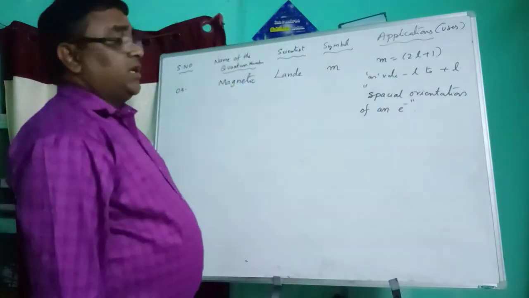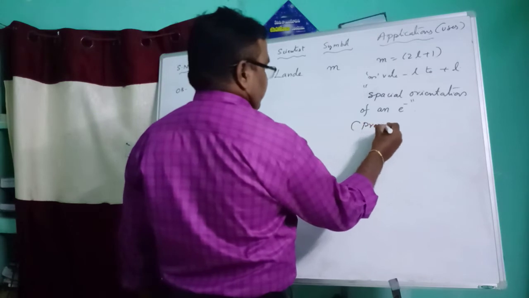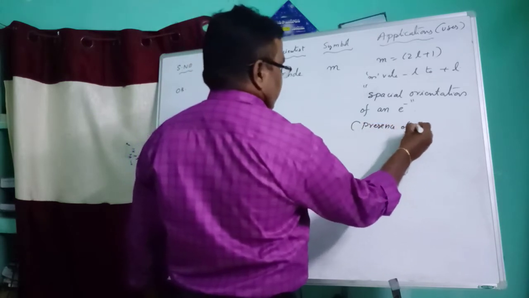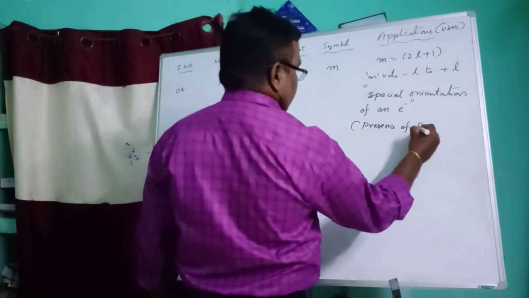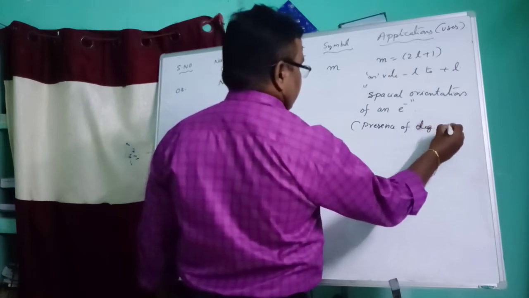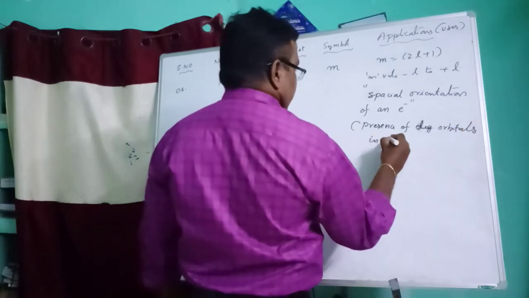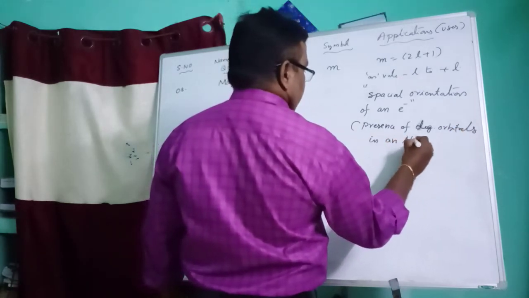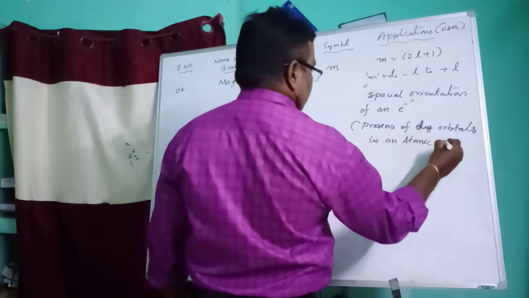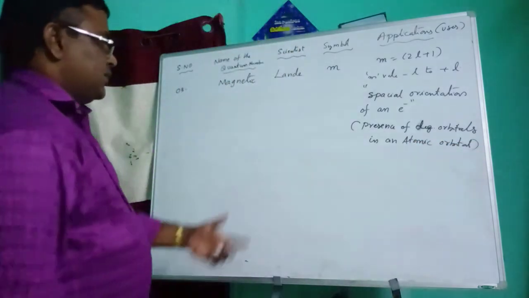What does spatial orientation of an electron mean? Presence of suborbitals, another name degenerate orbitals, in an atomic orbital. So let me explain.